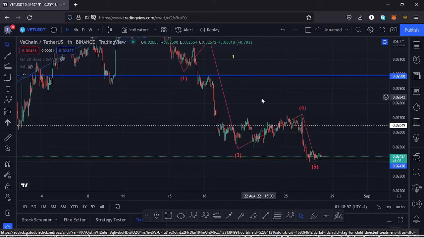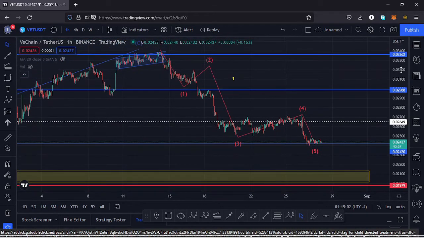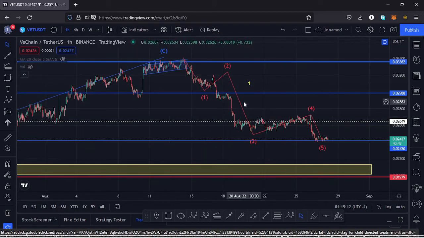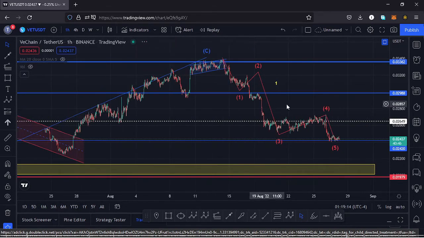And if we assume that is the case, that we have completed a higher Elliott wave count 1, and whatever we expect next to play out here is the formation of a wave 2, then higher prices could be coming here on the Vechain chart, because a wave 2 is a retracement of the first wave.